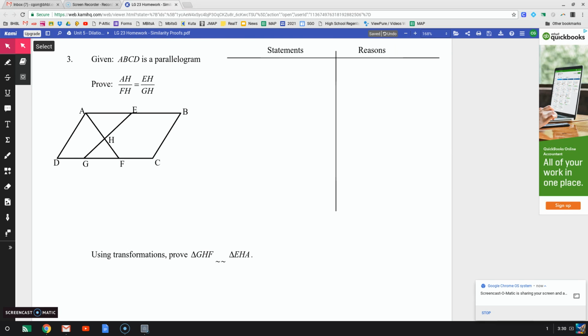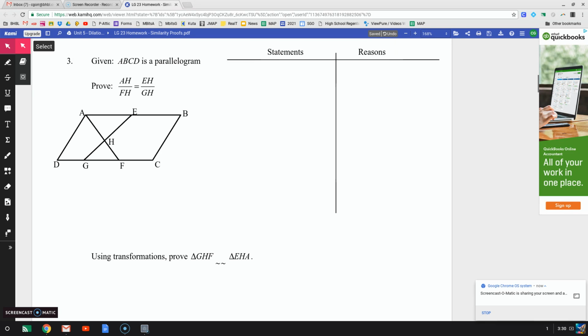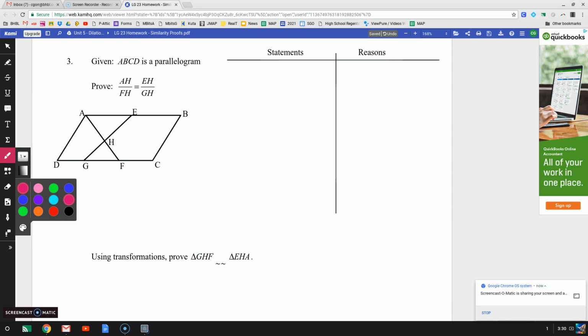This time, I have a parallelogram, and I am trying to prove that AH is to FH as EH is to GH. So right here, I'm trying to prove that these two triangles are similar to each other so that I can then say that my sides are going to form a proportion.